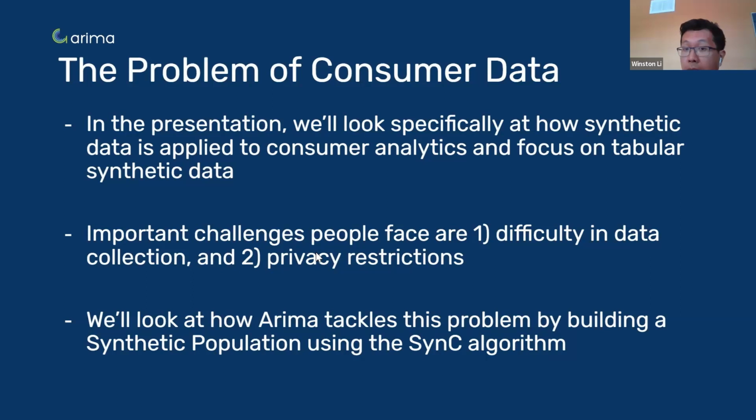Difficulty in data collection: a lot of consumer data today is collected through surveys. There are companies out there like Nielsen and Ipsos that specialize in collecting surveys, so their job is actually to sample data from the population. It's very costly to sample people. Very often you have to give them money. Very often you need to select who it is that you want to sample. You need to keep their contact information.